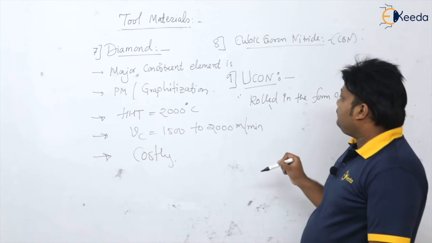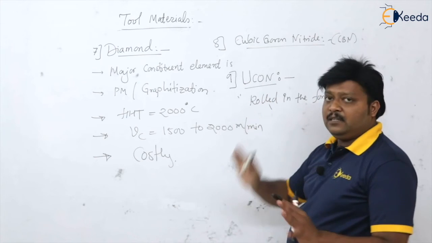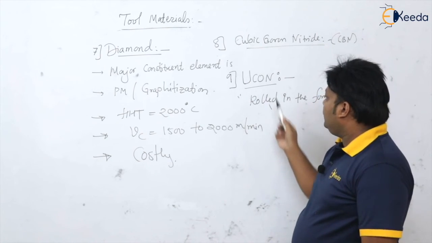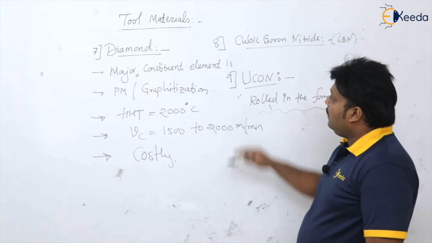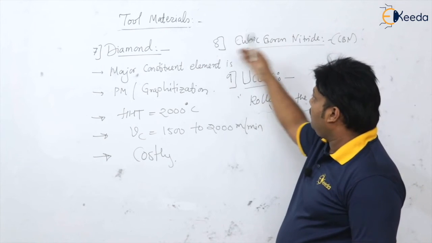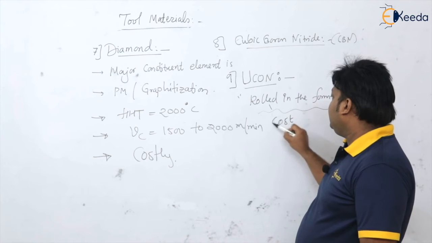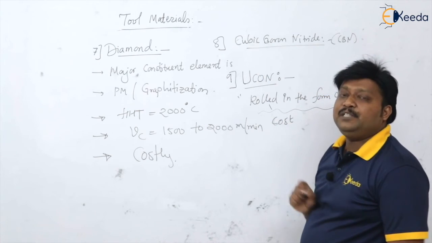So Yukon is the only such tool. Till now we have seen either forging operations or powder metallurgy, but Yukon is rolled in the form of sheet. The properties are superior to diamond and CBN, and the cost is also higher, costlier than diamond and CBN.